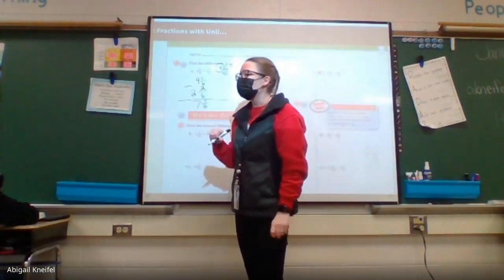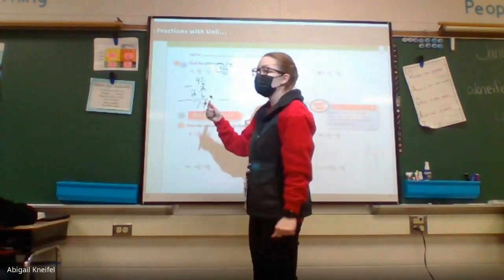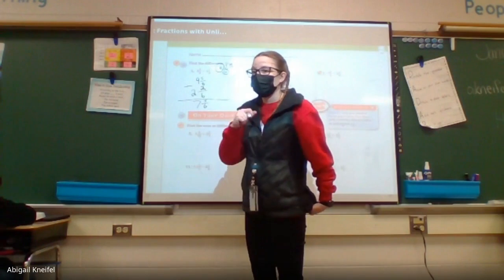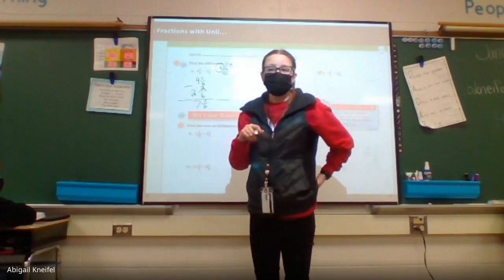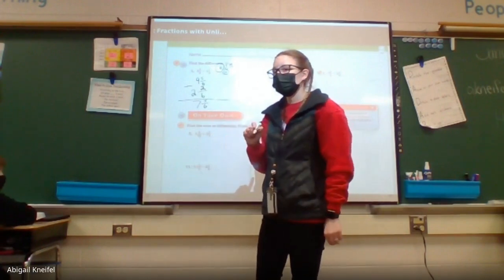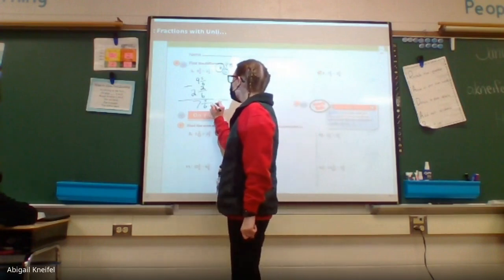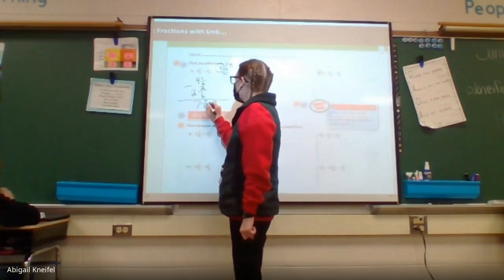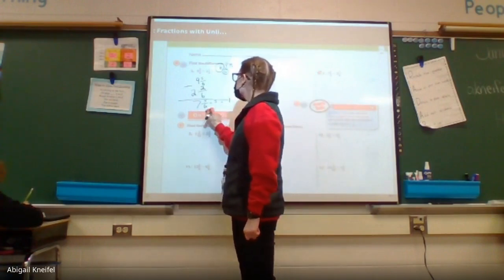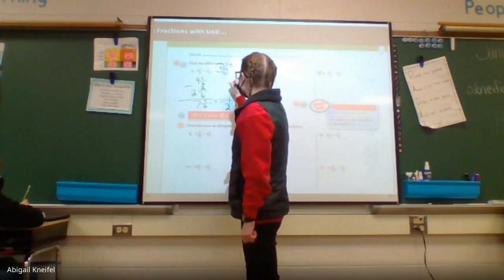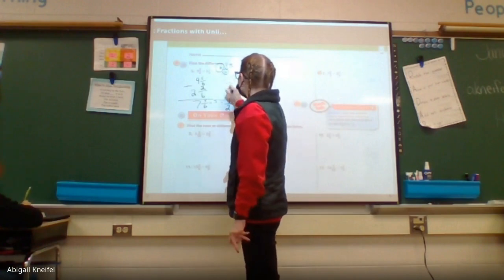Does anyone know how we could simplify this? Making 3/6 into 1/2. Yes, because 3 can go into itself 1 time, and 3 can go into 6 2 times, which equals 1/2. So this answer is 7 1/2.